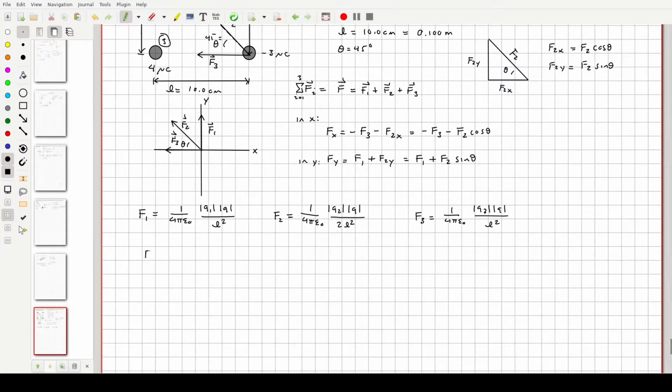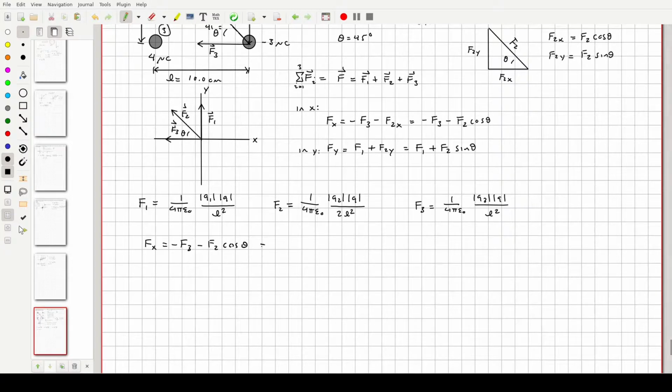So Fx, for example, we know is minus F3 minus F2 cosine of theta. If I put in what minus F3 is, that's going to be minus 1 over 4 pi epsilon naught Q3 Q over L squared.